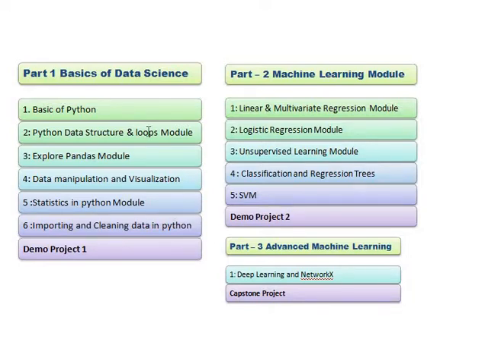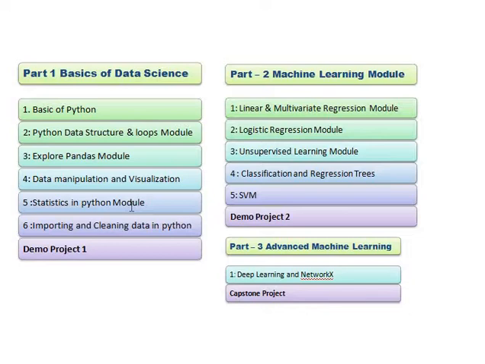And here the first part has 6 sections. Second, I will talk about Python data structures. Then third, I will talk about pandas. Then fourth, I am going to talk about matplotlib and Seaborn, the highly used packages for visualization.